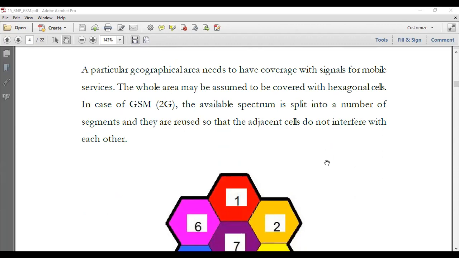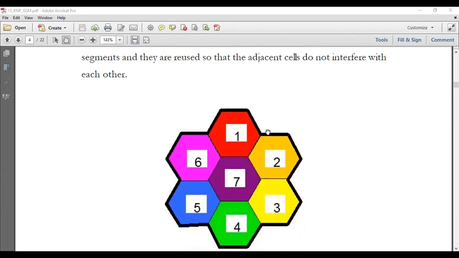For the time being, we consider that we have different cells this way, and at the center of the cells, we have base stations. Now, let's assume that we have 14 megahertz, and we split this 14 megahertz into 7 parts.